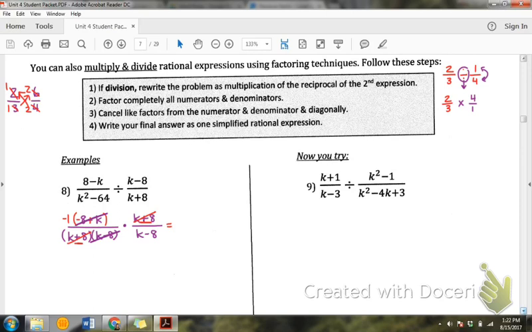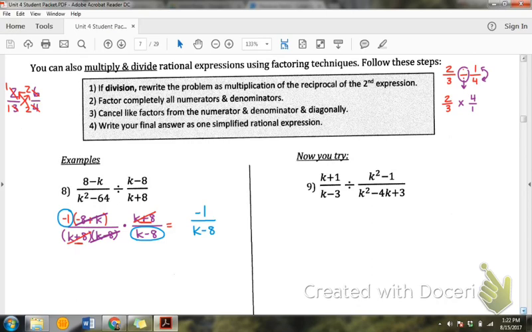It's gone. There is no k in the numerator. -1 in the numerator is left. And then what's in the denominator? K minus 8. You don't have very many with that -1. That one's kind of a trick thing.